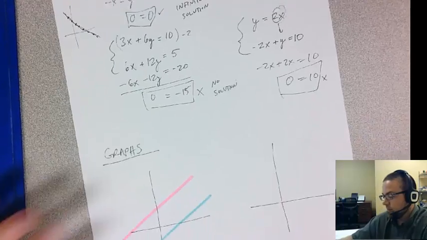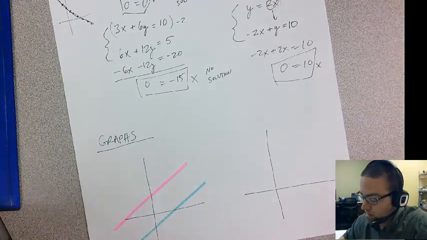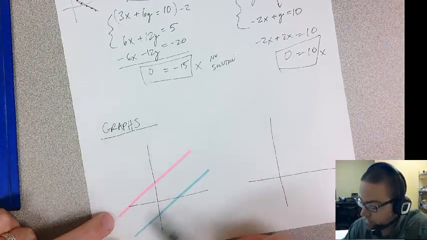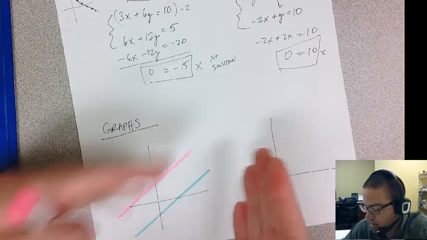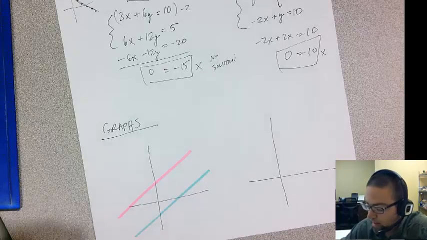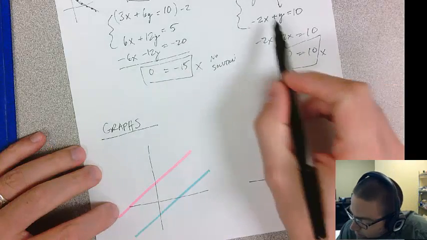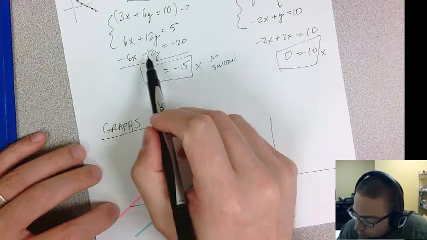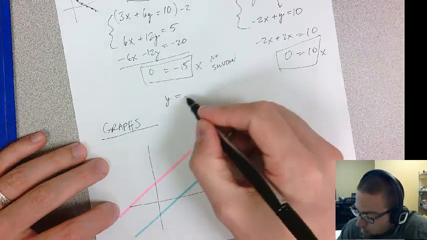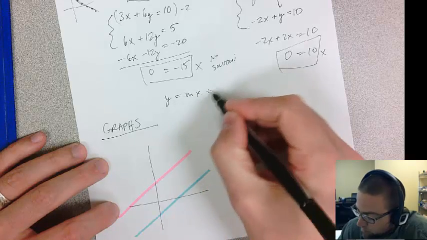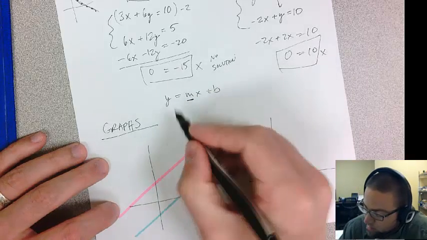Okay, when you graph these things, you will see that equations that have no solutions actually have no intersections. So they look like this. They are parallel lines that never cross. And you can actually manipulate these equations to show that if I put it in y equals mx plus b form, they would have the same slope. So they would have the same m value.